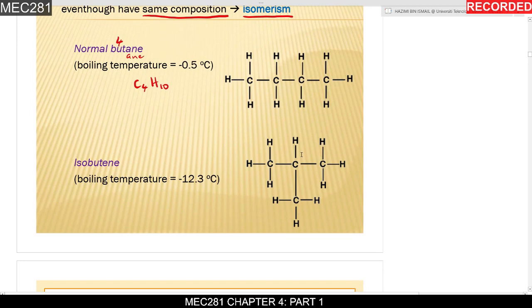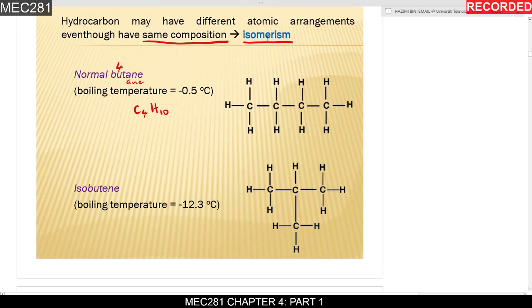And isobutane also has a similar composition of carbon and hydrogen to butane, but this is the iso. It has the same composition, the isomerism, but in a different arrangement. So there is isomerism between the normal butane and the isobutane.